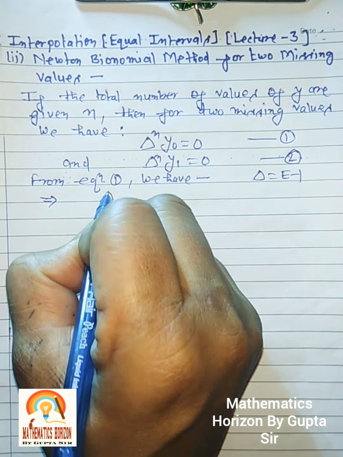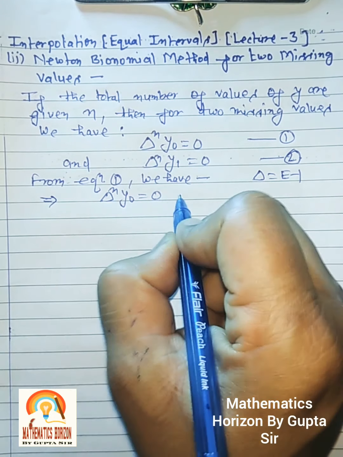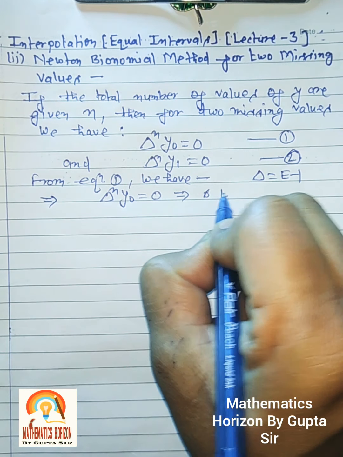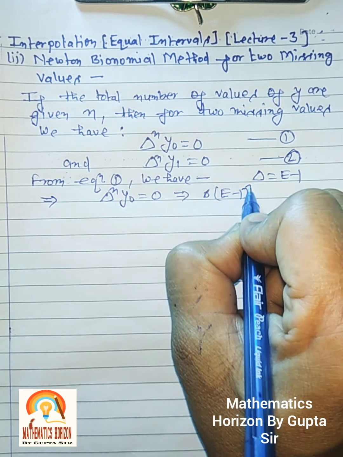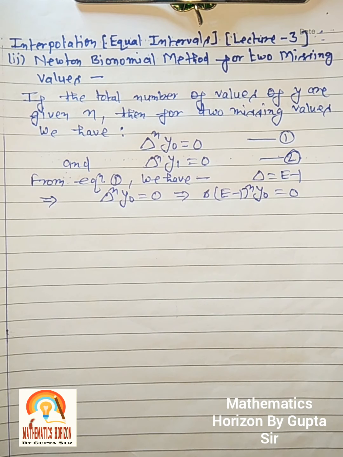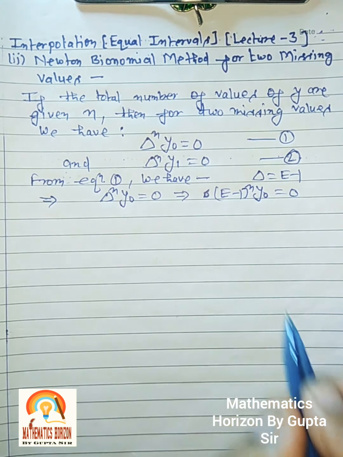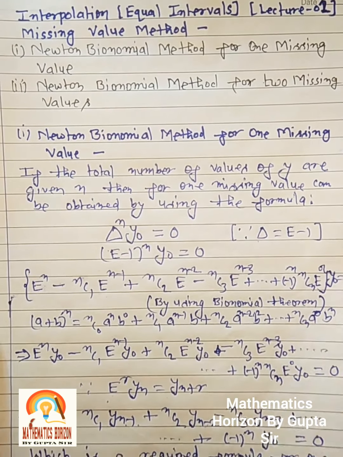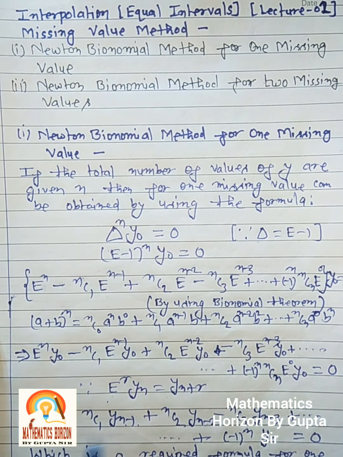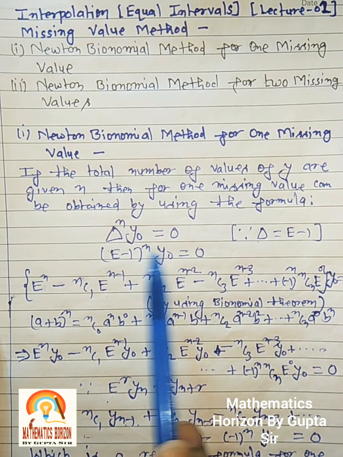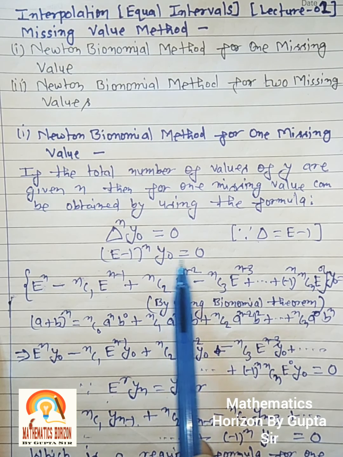That is, del n y0 is equal to 0, and del equal to e minus 1, so e minus 1 to the power n, y0 equal to 0, and we can expand this by using binomial theorem. I already expanded this equation in Newton binomial method for one missing value.